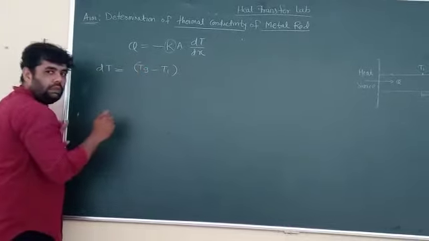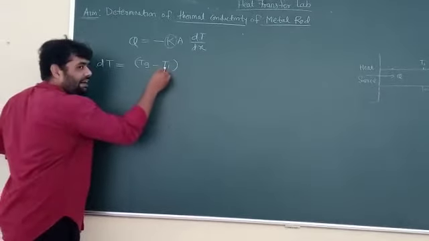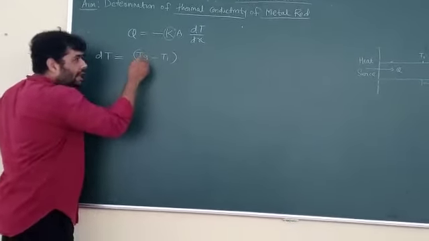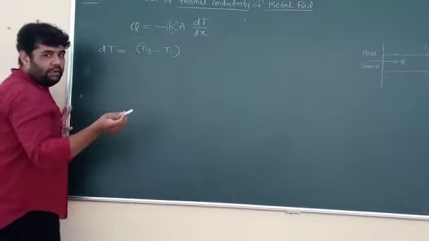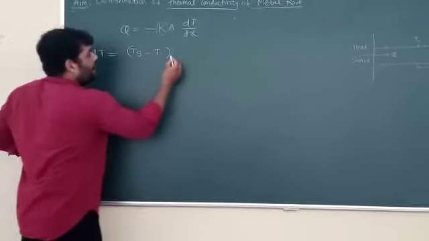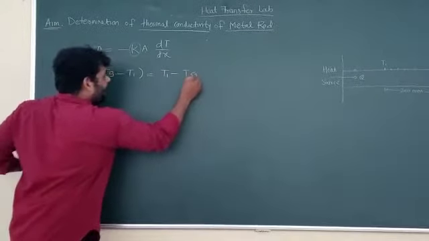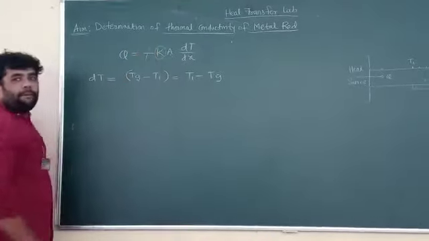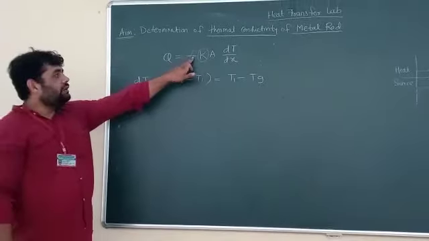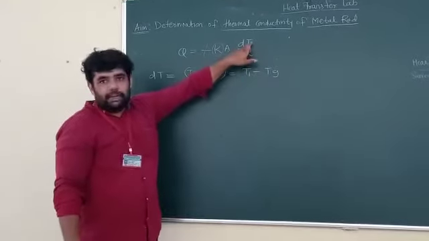As the T1 temperature is more than T9, this particular dT term will be negative. So we will convert this dT term to T1 minus T9, and we will cancel this negative sign. This negative sign will take care of this dT.